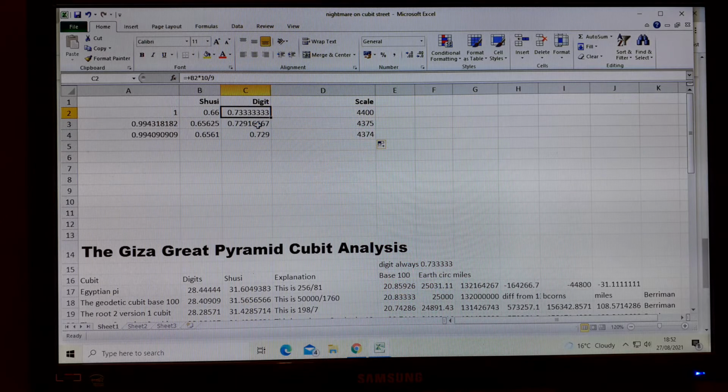That's the Giza digit, I could say, I don't know. And this one is the Greek or Roman digit, and we can see the scale. The unit is this that we're using to apply the scale.